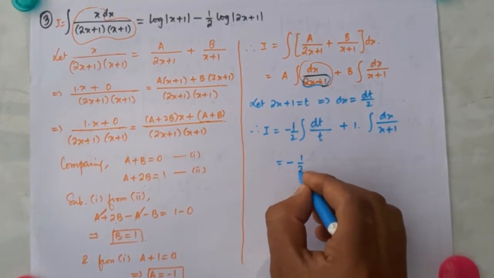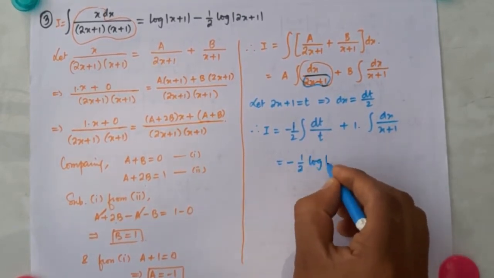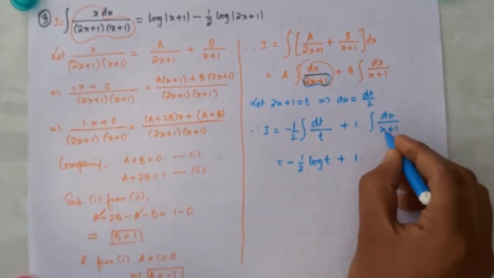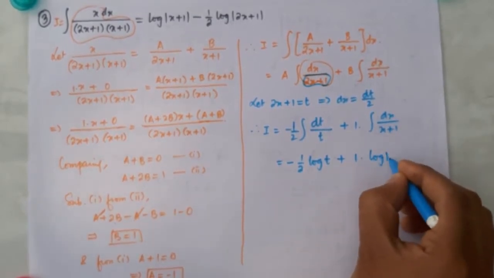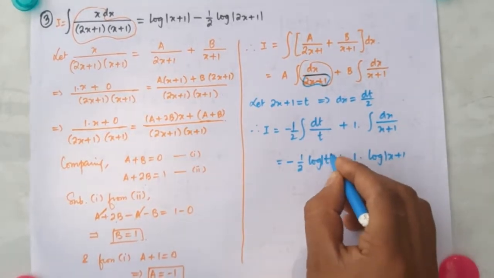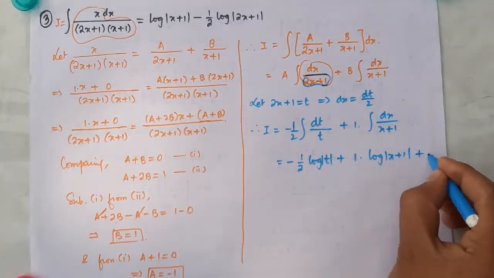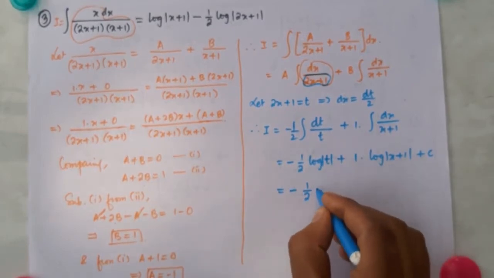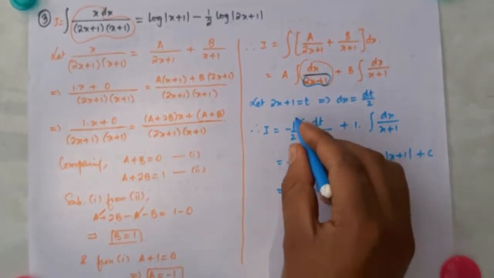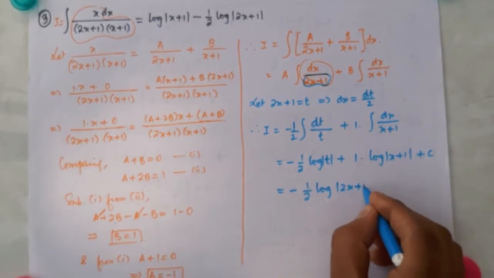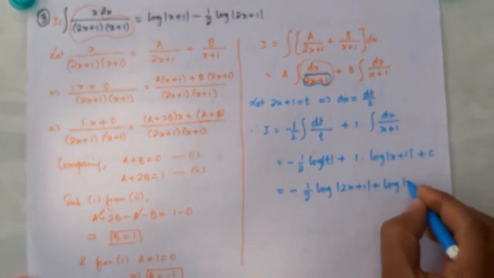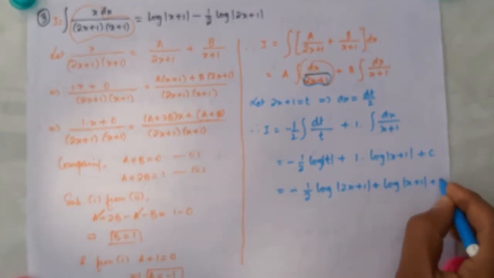So minus half, this becomes log t, plus 1 into log of (x plus 1). You can put a modulus here also. So you will put a constant of integration. Now minus half log of t, t is 2x plus 1, plus log (x plus 1) with constant of integration.